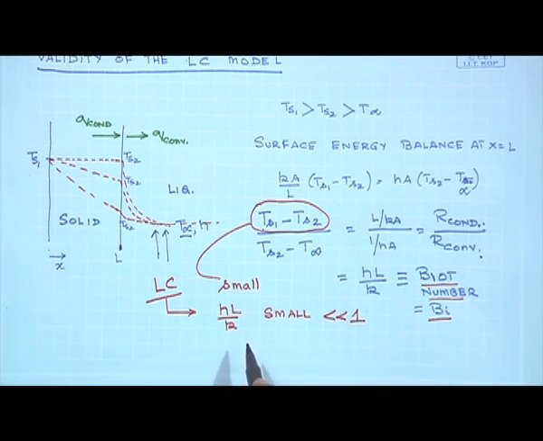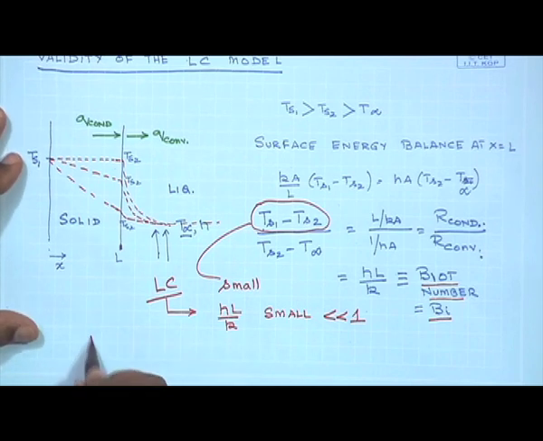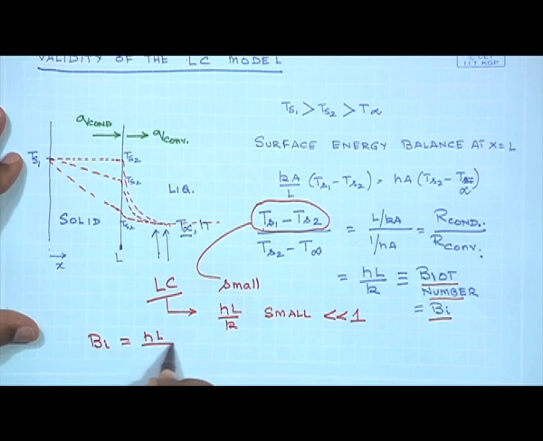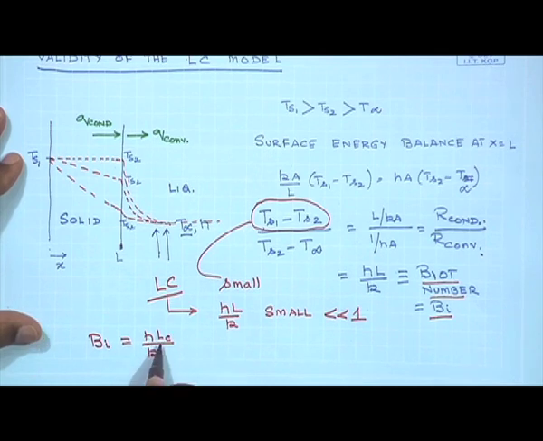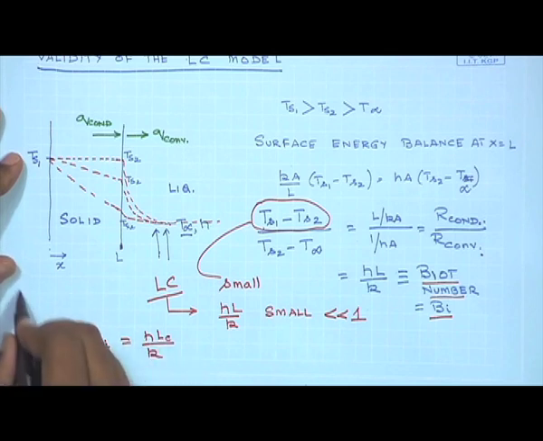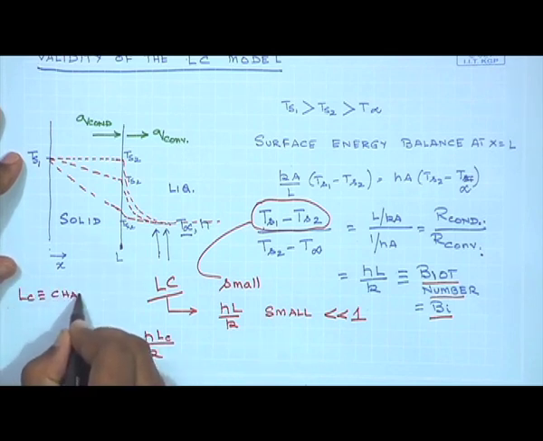Normally, the Biot number which is defined as hL by k, and this L I would now substitute with Lc. So, Lc is nothing but the characteristic length.